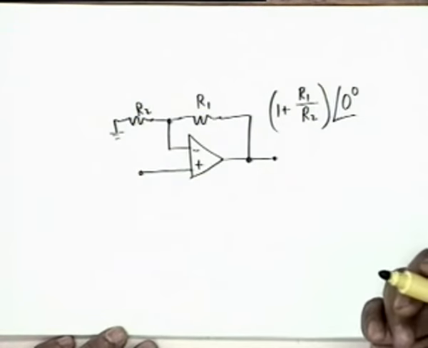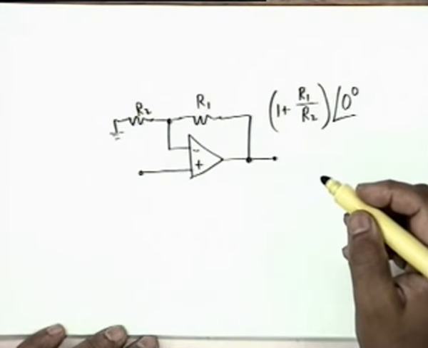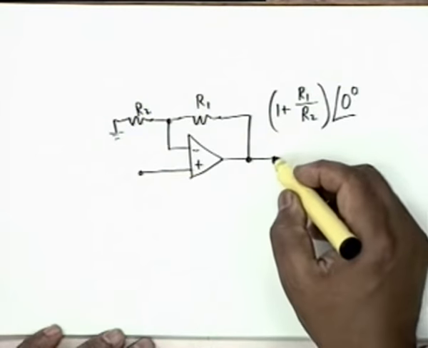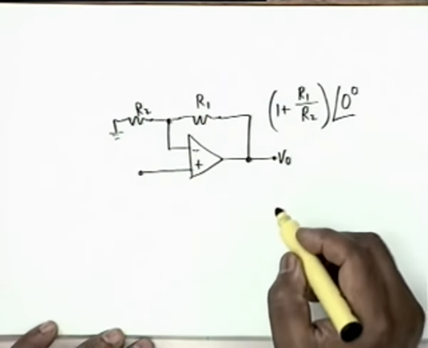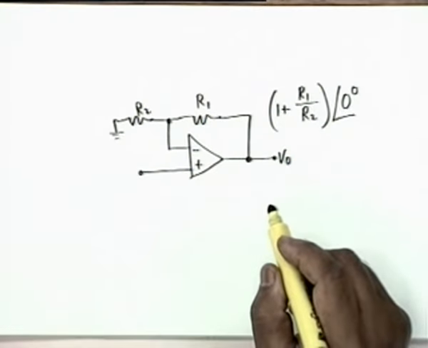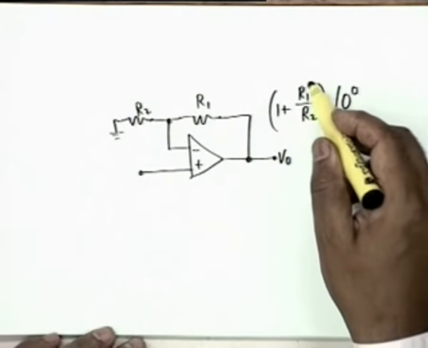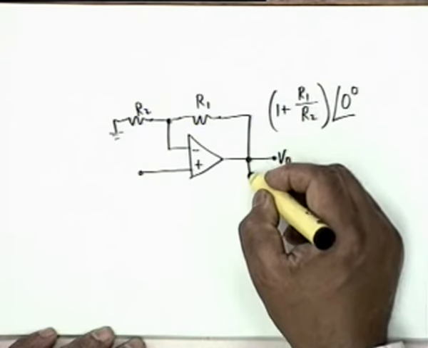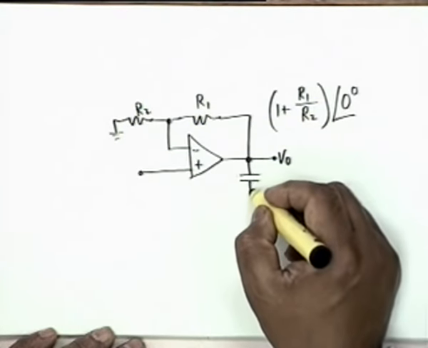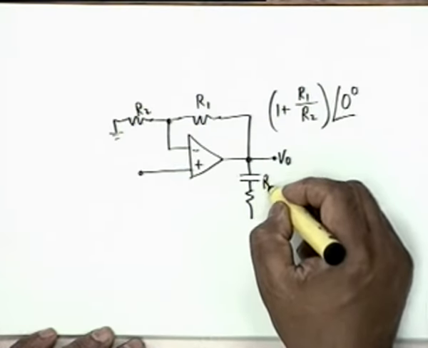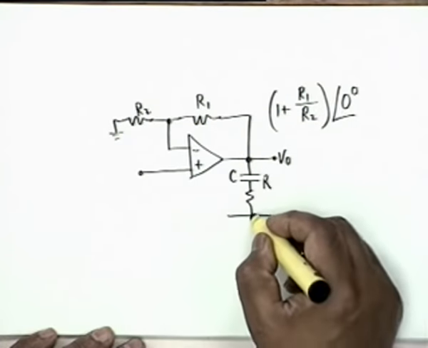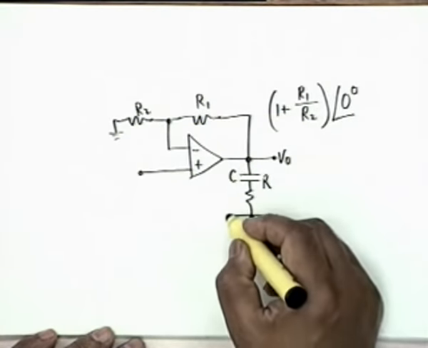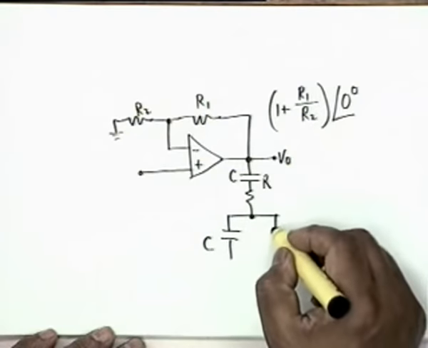Therefore for oscillations the feedback network, or the beta network, has to produce 0 phase shift and an attenuation of 1 by 1 plus R1 by R2, and this is done by means of a simple RC circuit, a series RC and a shunt R and C.